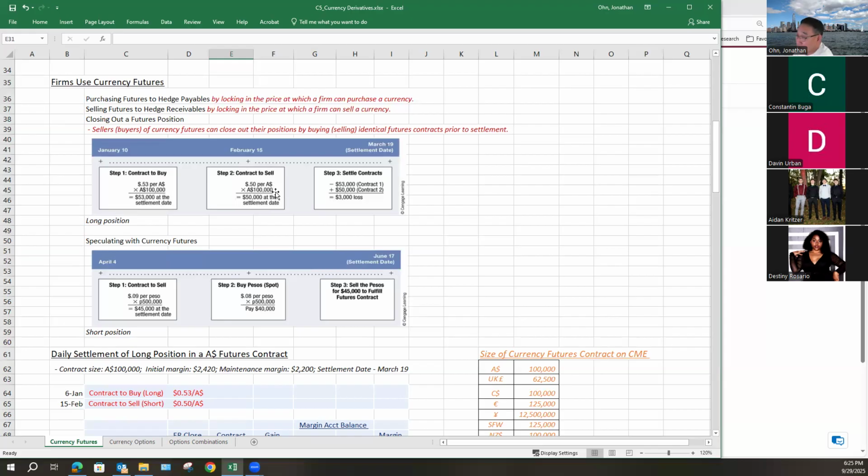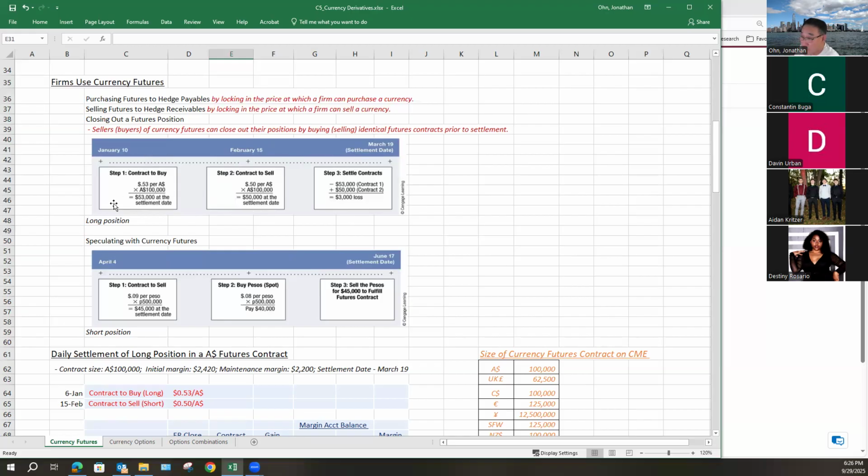The 100,000 Australian dollars is the standardized contract size. If you have this short position, that creates $50,000, which is a receivable at settlement. The other one I told you was a payable; this one is a receivable. You take on this short position on February 15, before the settlement date.